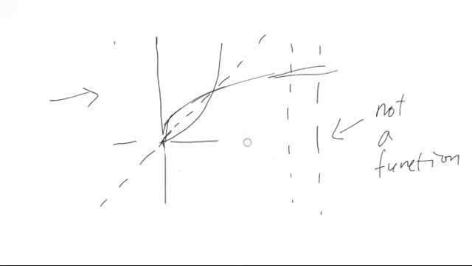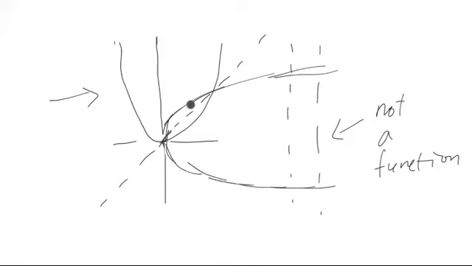So that's a little illustration of why we need to be able to restrict things a little bit when we're finding inverse functions. Functions only have inverses when you reflect them about this line and we actually get a function.